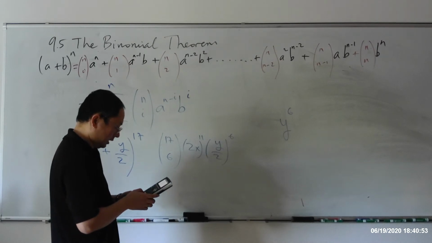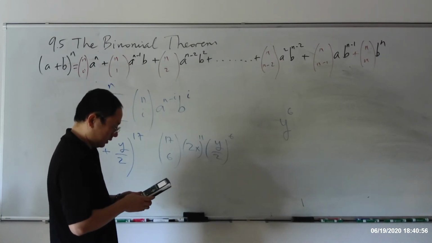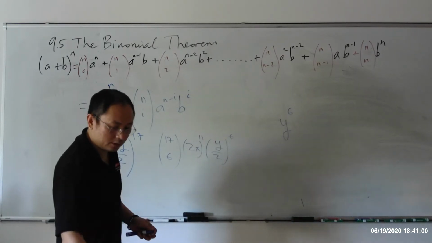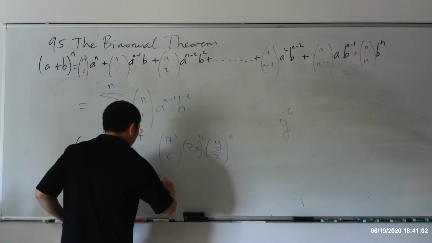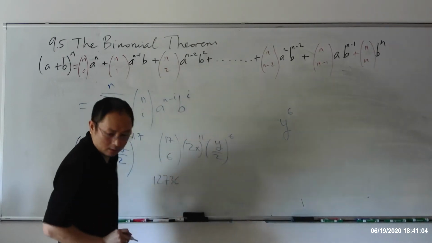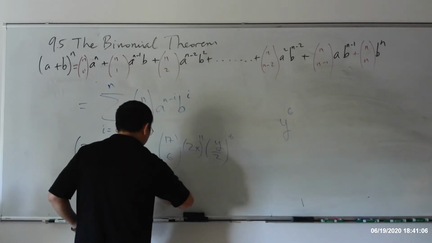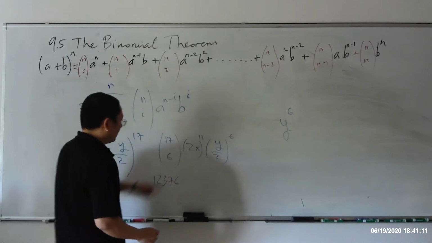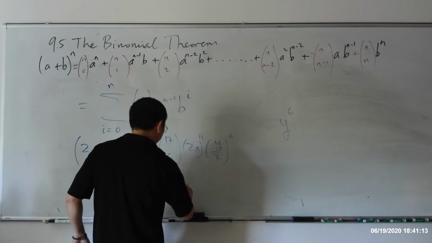This is 17 choose 6. It's 12,376. And this is 2 to the 11.